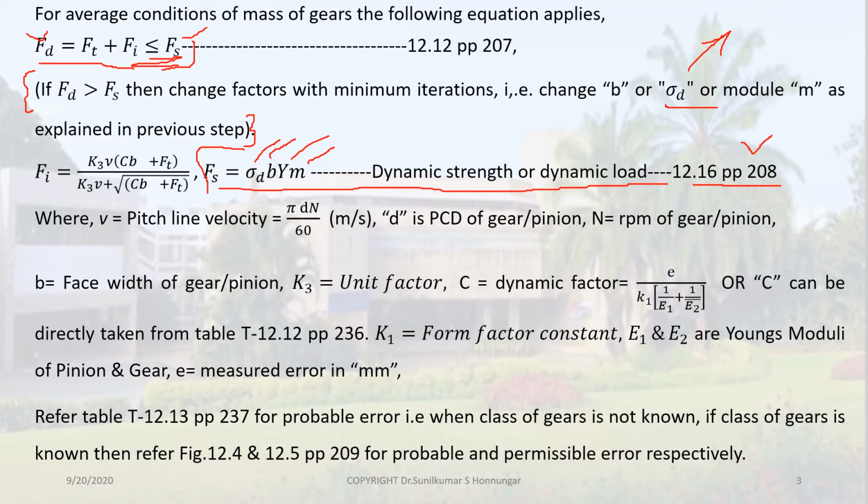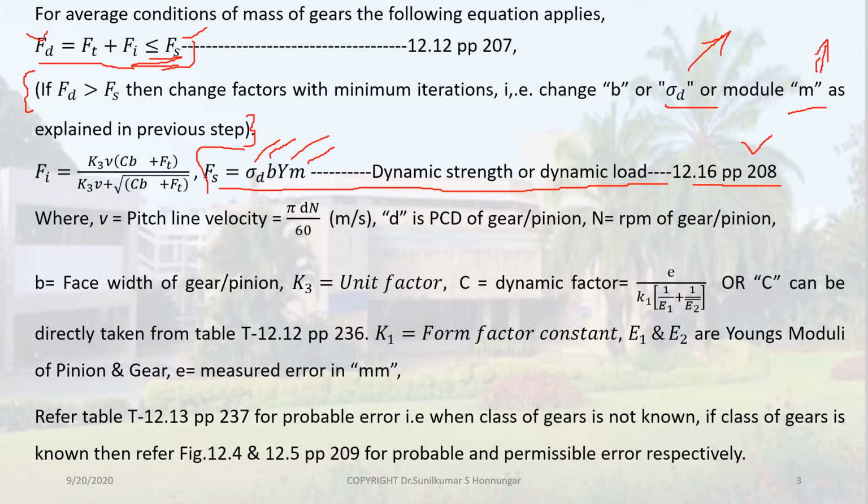Then the last option left is to go for a higher module. Please note down, changing the module should be kept as the last priority. Last priority means you don't suddenly jump to changing the module, because as a designer you should be very cautious. One is strength, that is safety, and the second one is economy.